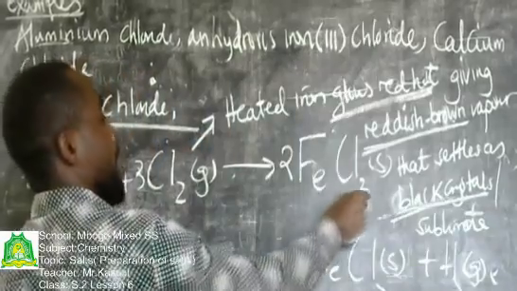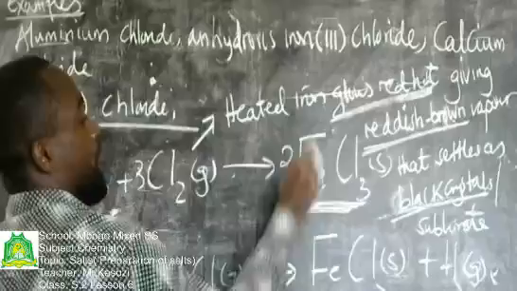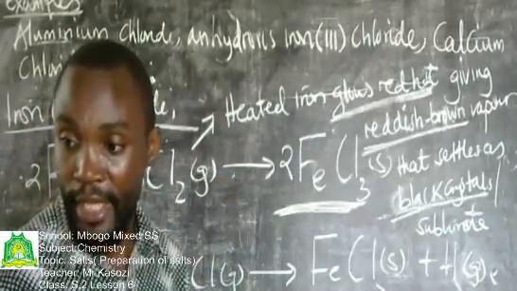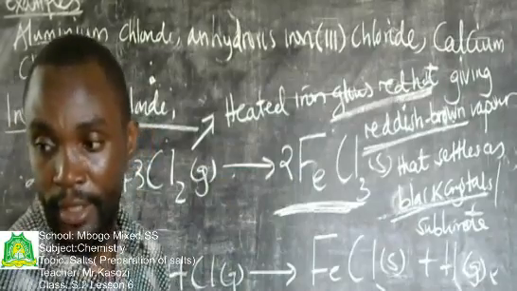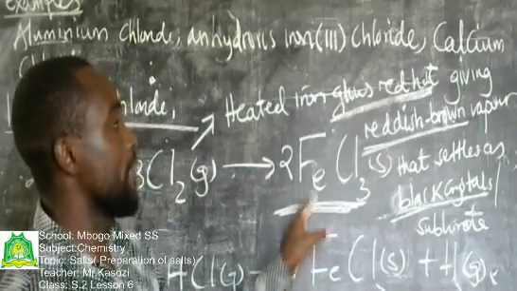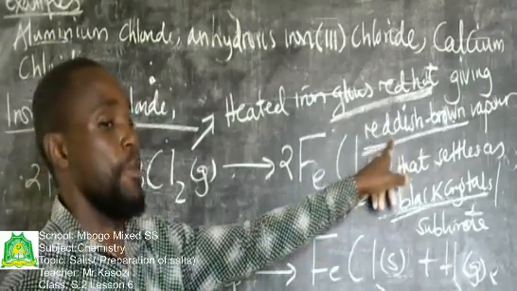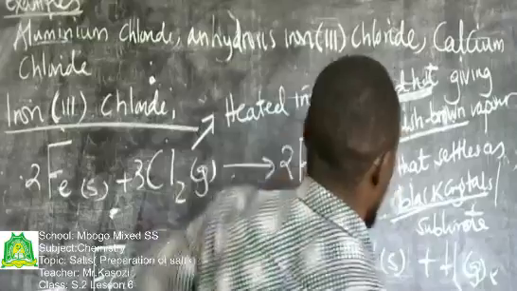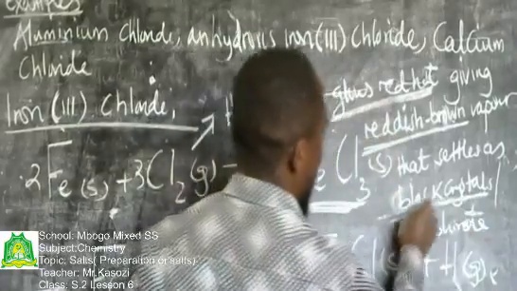So this is obtained as a black solid, but since iron 3 chloride sublimes on heating, therefore it first comes out as reddish brown vapor. So on cooling, then we get black crystals.